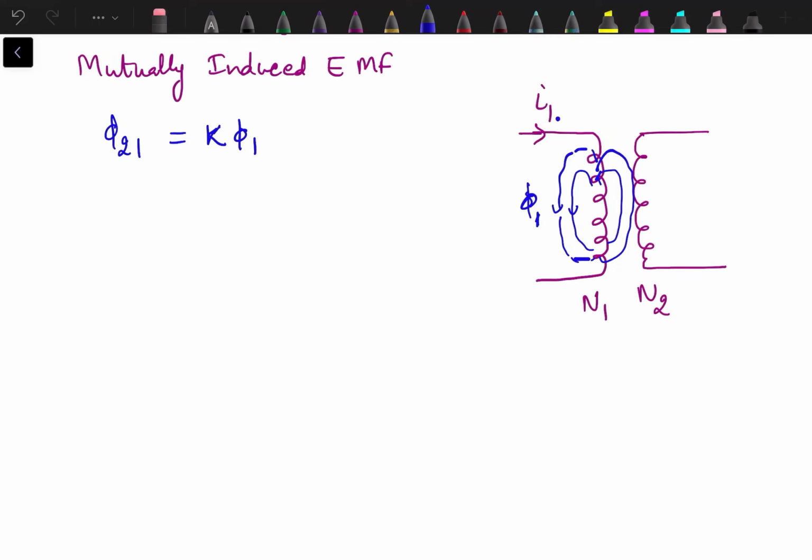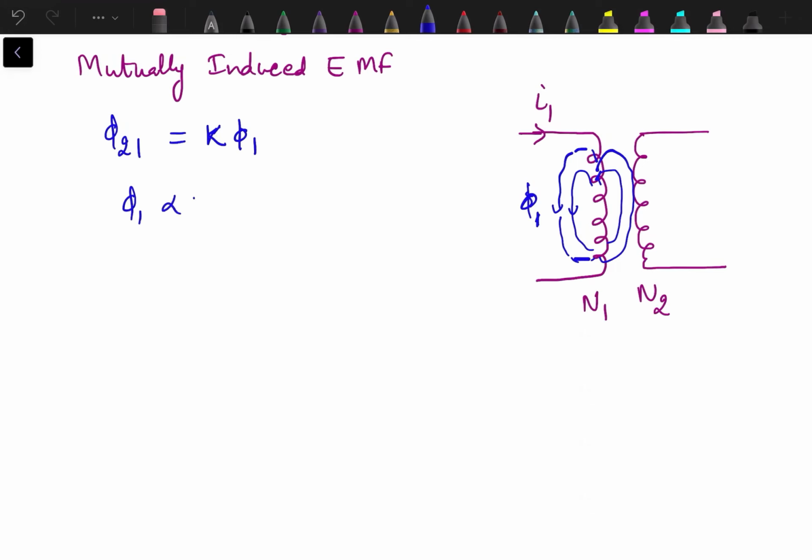The maximum value of k can be 1. When k is 1, it means there is 100% flux linkage. Minimum value is 0, meaning there is no flux linkage with the second coil because of flow of current in the first coil. It lies between 0 and 1. This is known as coefficient of coupling that we need to find out.